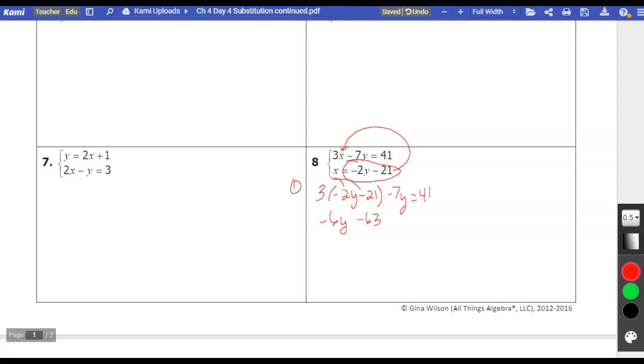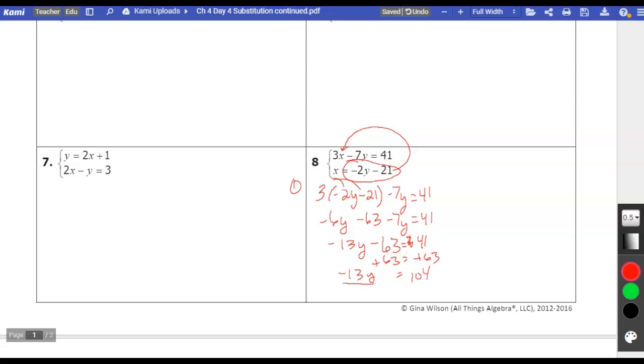minus 63 minus 7y equals 41. Now I combine my like terms. Negative 13y minus 63 equals 41. Add 63. And negative 13y equals 104.